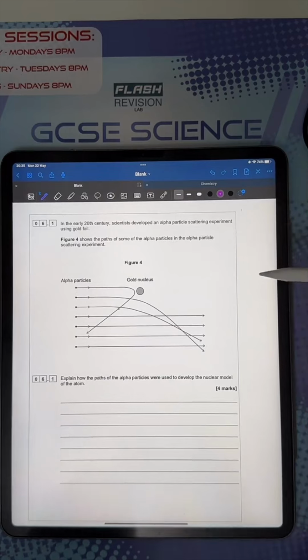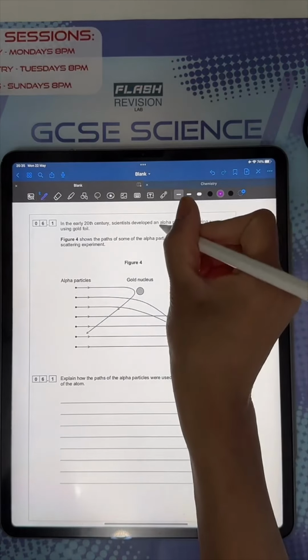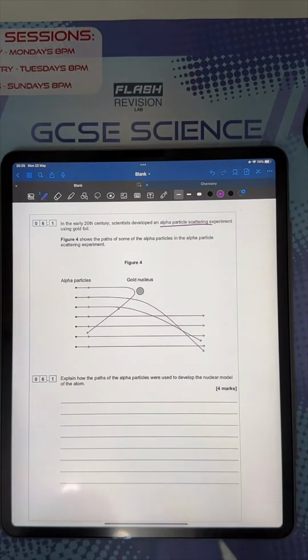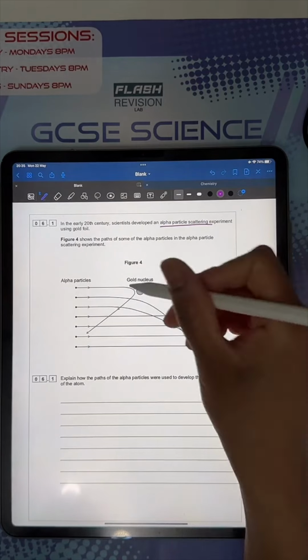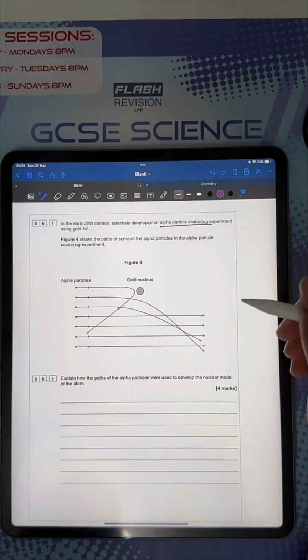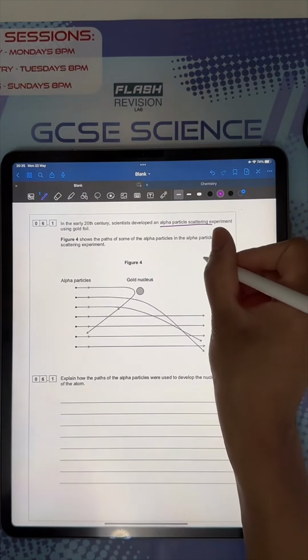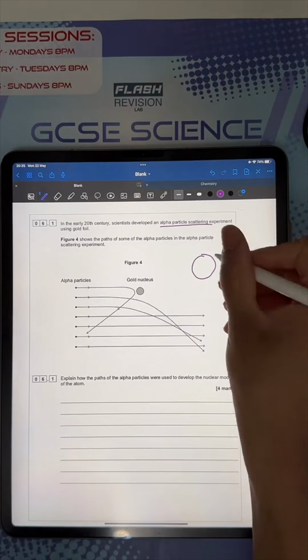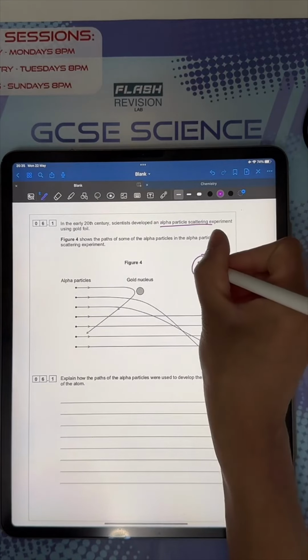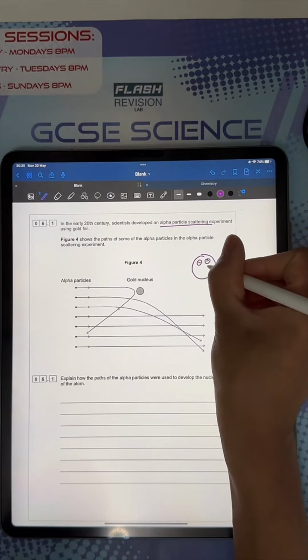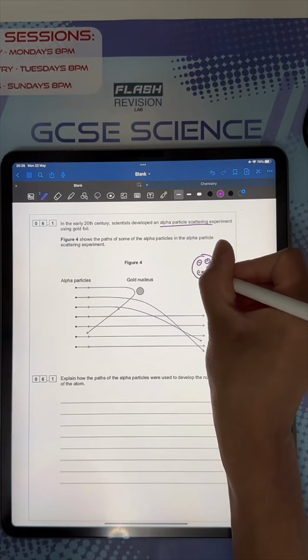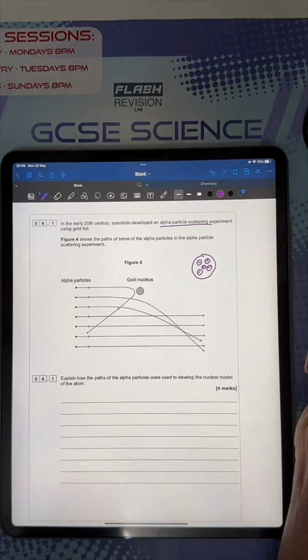So that's what this question is all about, the alpha particle scattering experiment. What happened was, before this experiment happened, we believed the atom was a big positive charge with loads of negative electrons embedded within it. That's the plum pudding model.